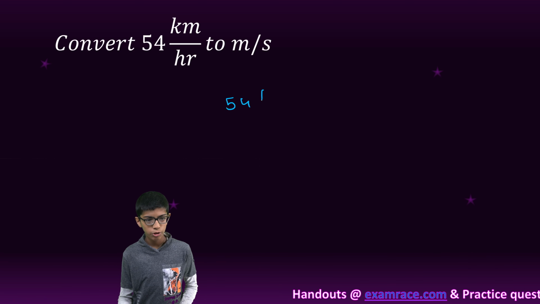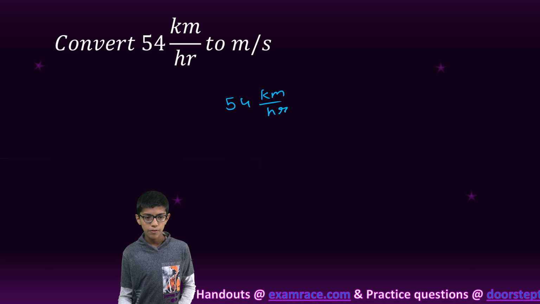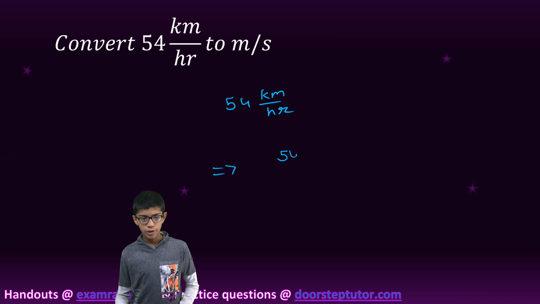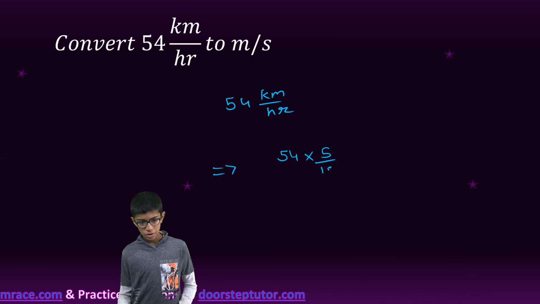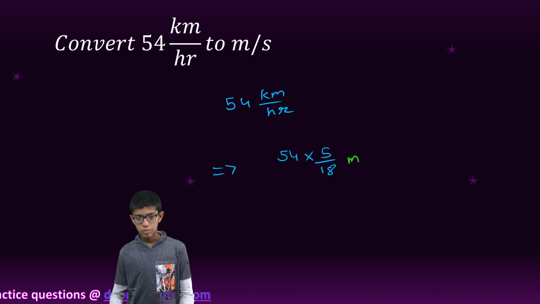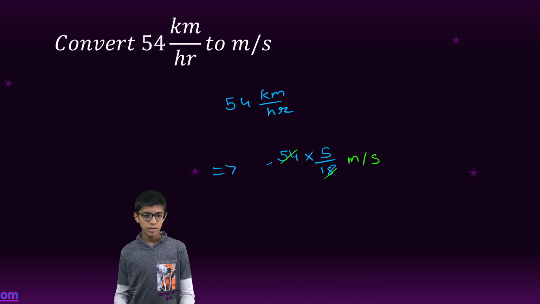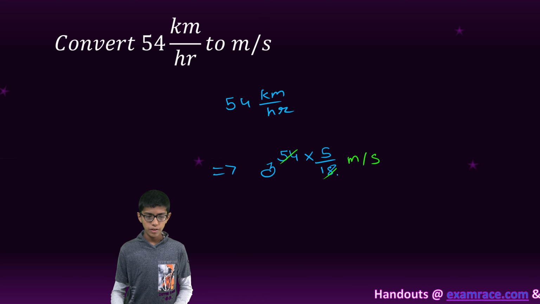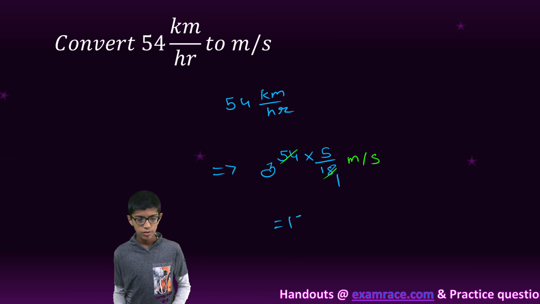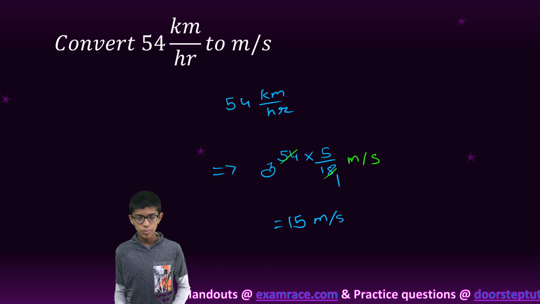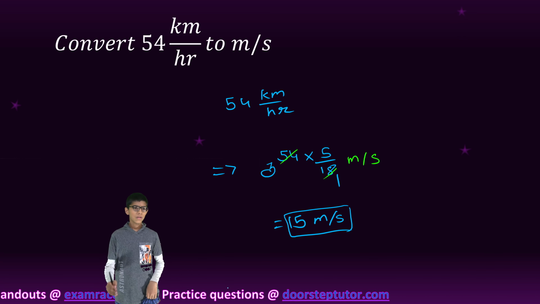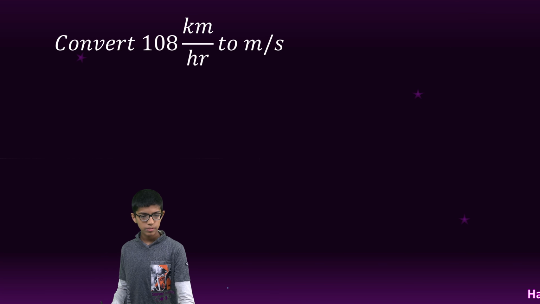So 54 kilometer per hour is equal to 54 into 5 upon 18 meters per second. Cancelling it out, we get 3, 18 and 1 and 3. So we get 15 meters per second.